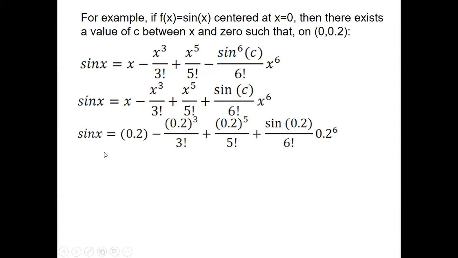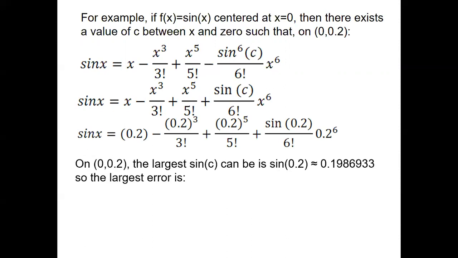So here's the sine function approximated at 0.2. What we're going to say is that on the interval from 0 to 0.2, the derivative can be anything between the sine of 0 and the sine of 0.2. Clearly the sine of 0.2 is bigger than the sine of 0, so that is the biggest the derivative is going to be. So let's put this into the Lagrange error.